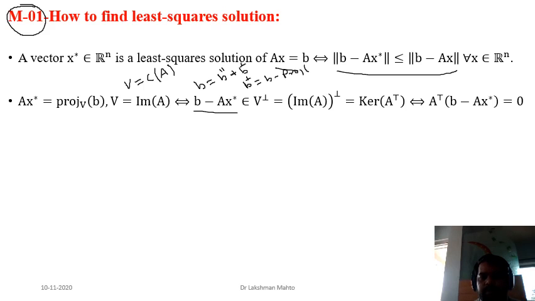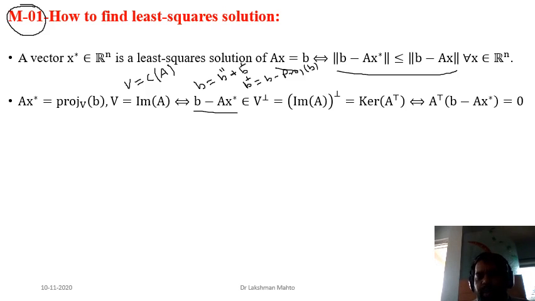That is the concept. So definitely b minus A x star is the projection error, so it would be perpendicular to every element of the column space of A. So b minus A x star belongs to V perp, that is the orthogonal complement.